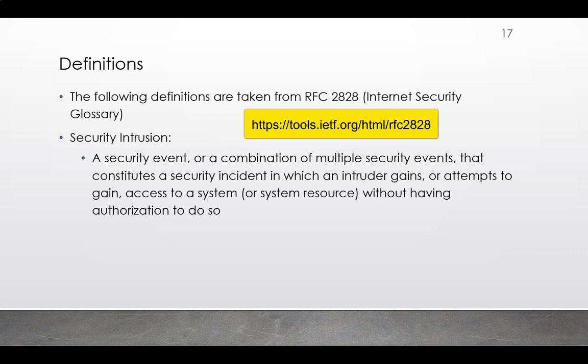Security intrusion is defined as a security event or a combination of multiple security events that constitutes a security incident in which an intruder gains or attempts to gain access to a system or system resource without having authorization to do so. Thus, security intrusion refers to an unauthorized act of bypassing the security mechanisms of a system.